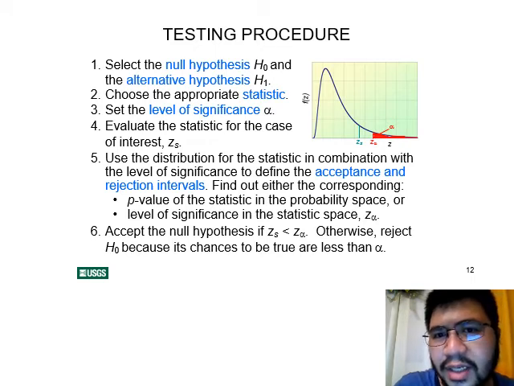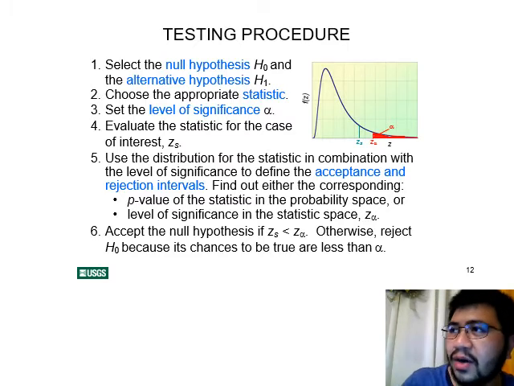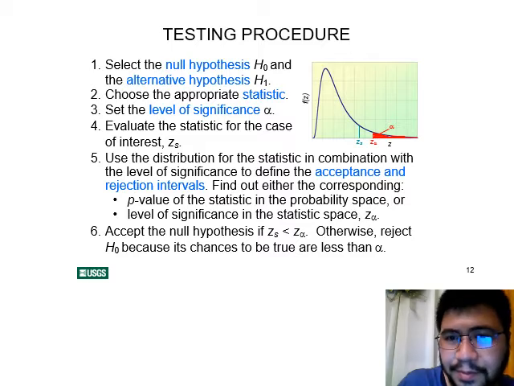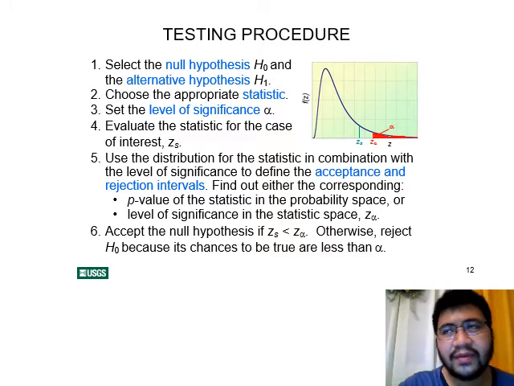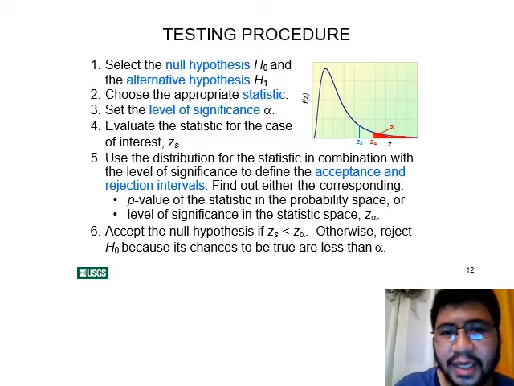For example, if our alpha is 10%, that would have a larger chance of error than an alpha of, let's say, 5%. But the most commonly used alpha value is 5%.